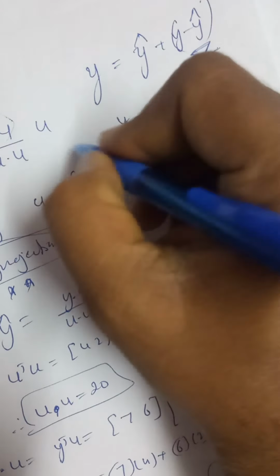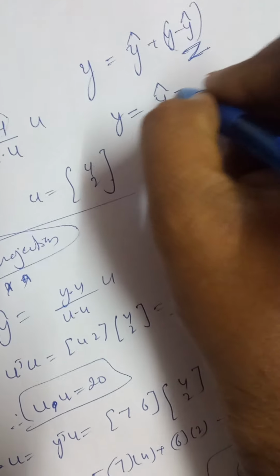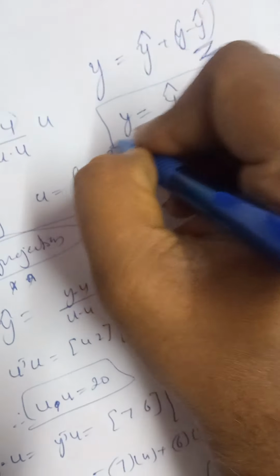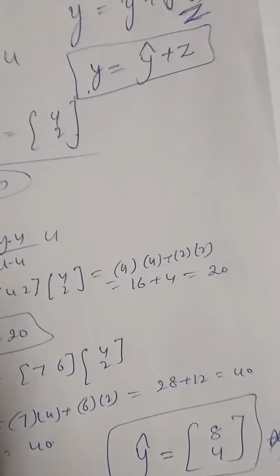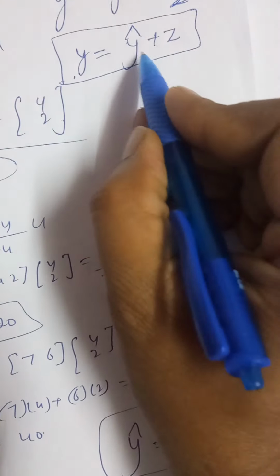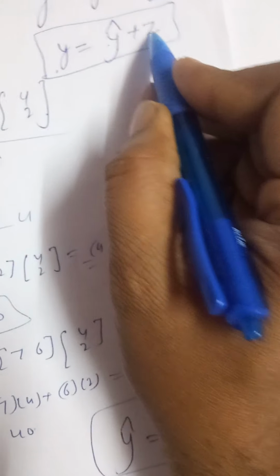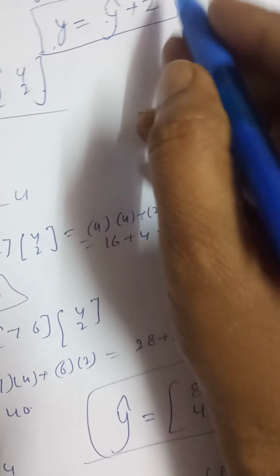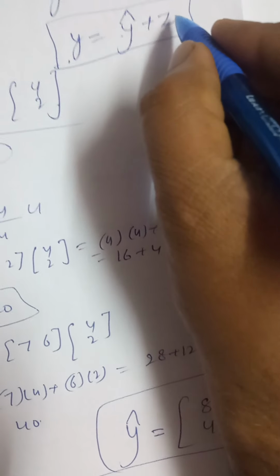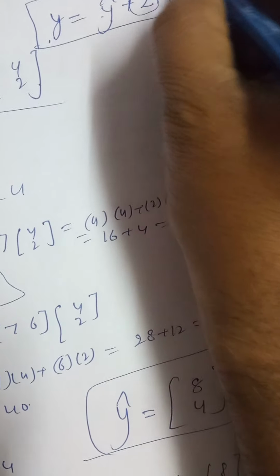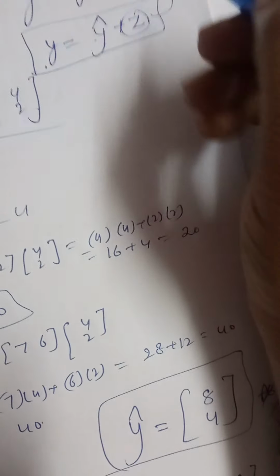The given vector y can be written as y cap plus z. The given vector y is nothing but the orthogonal projection of y onto a vector u plus another vector z, some vector in R power n. What is z? Z is nothing but y minus y cap, right?